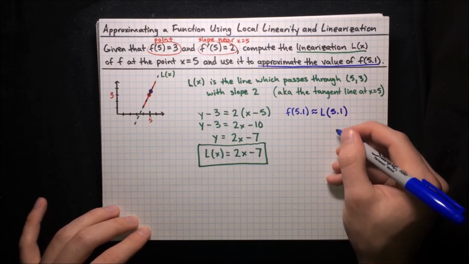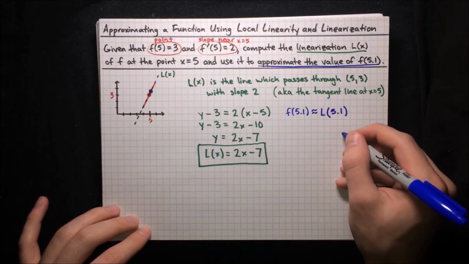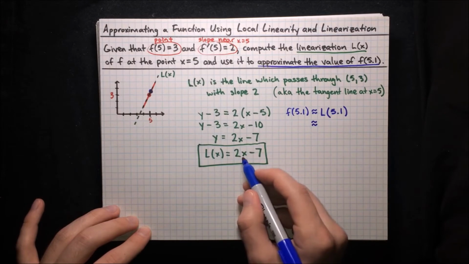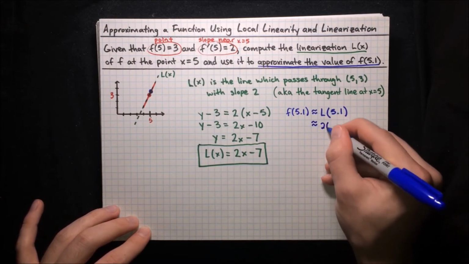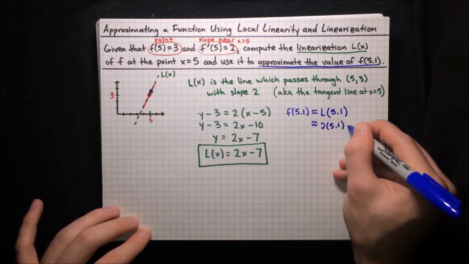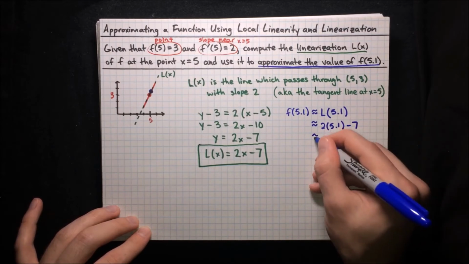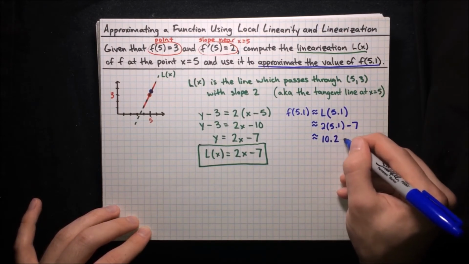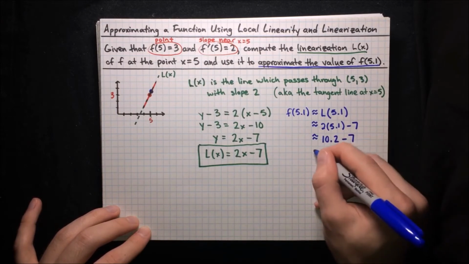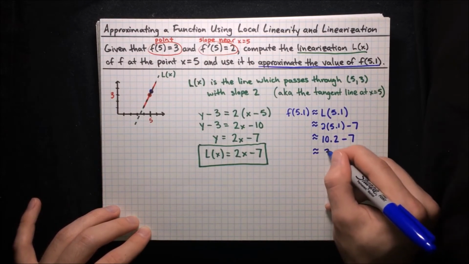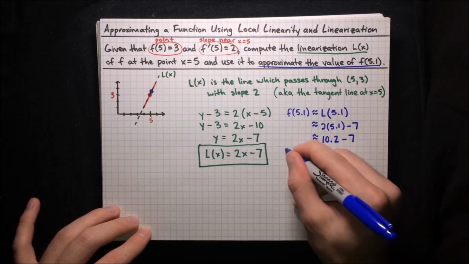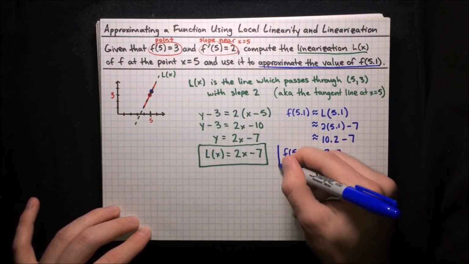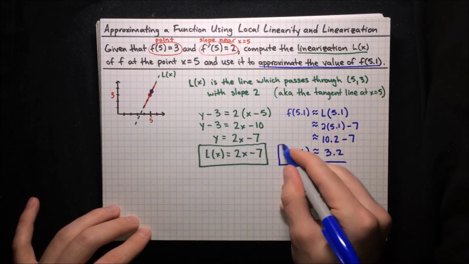So f of 5.1 is approximately L of 5.1, and sticking in 5.1 for x in the equation for L, we just have 2 times 5.1 minus 7. 2 times 5.1 is just 10.2, so 10.2 minus 7, which is equal to 3.2. So there we go. f of 5.1 is approximately equal to 3.2.